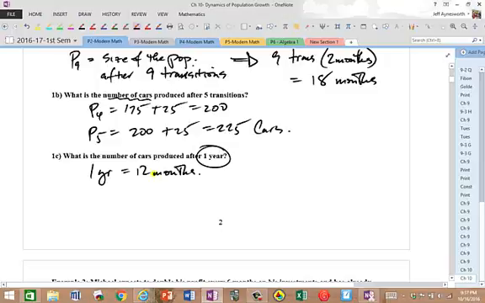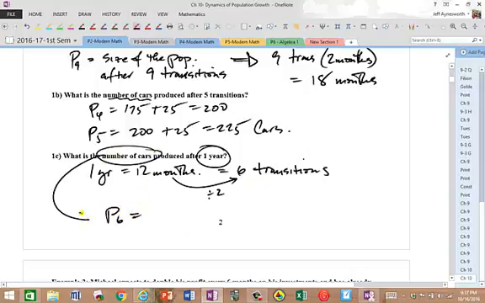Well, 12 divided by 2 equals 6 transitions, right? Every 2 months is a transition, so you have to divide this number by 2. So what we need to find is P sub 6, the number of cars. If we know P sub 5, we just add 25 to it. So 225 plus 25 equals 250 cars.